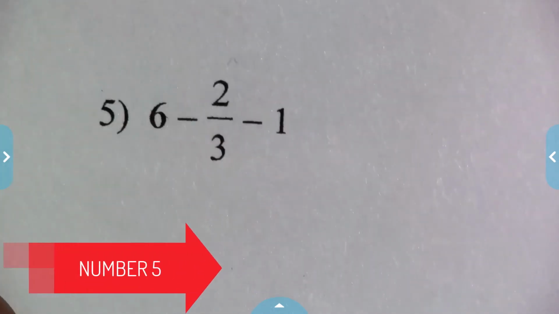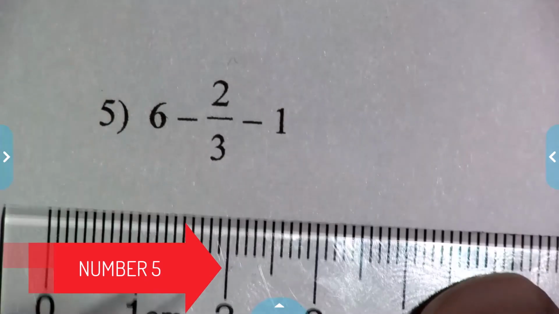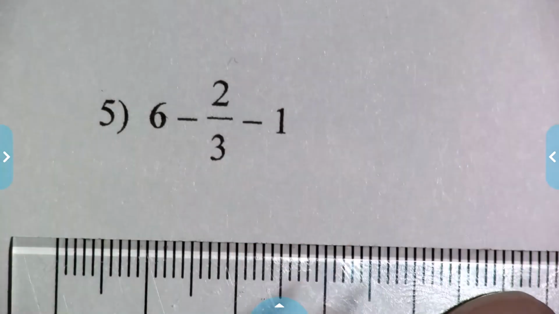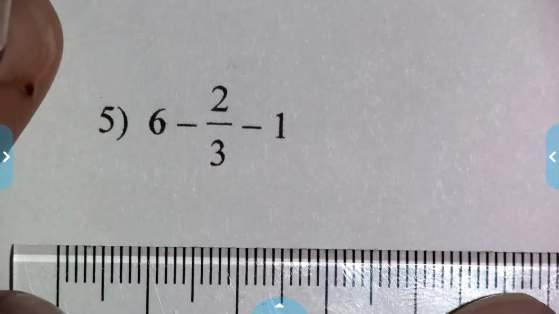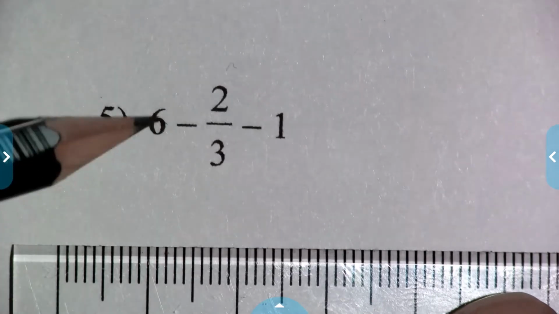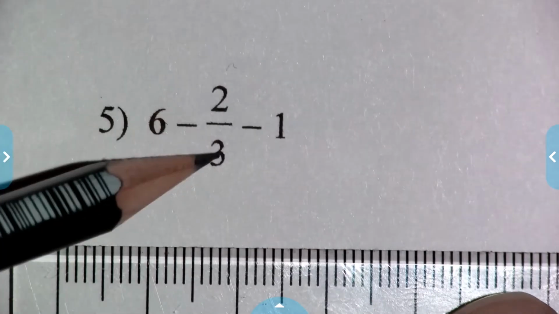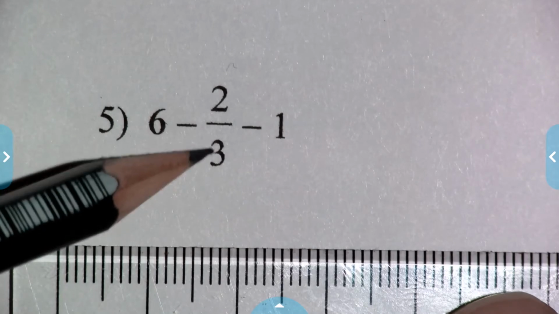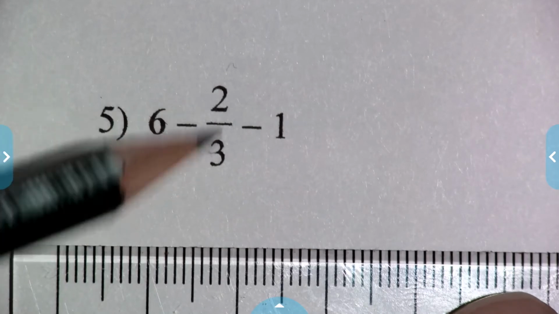Moving on to number 5. So we have some left to right subtraction going on. And the thing to recognize here is that we have this 3 in the denominator, we have a 2/3.